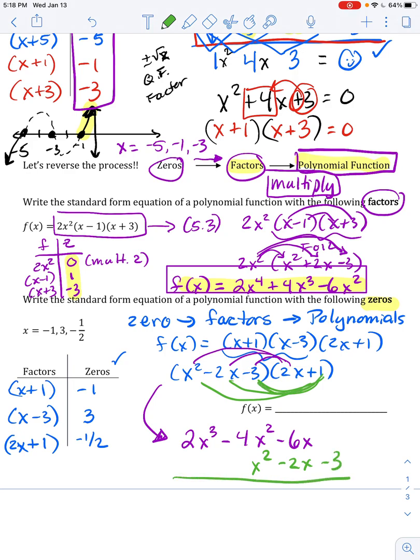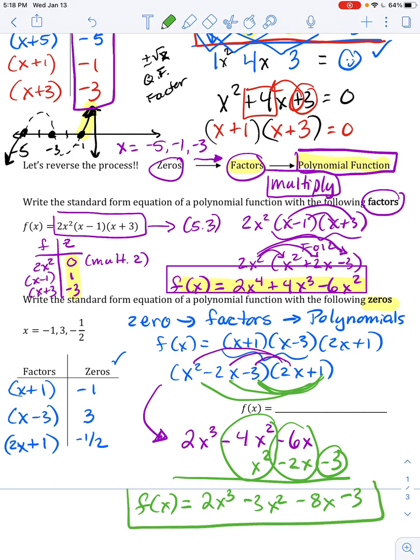Draw myself a big fat line, and then I'm going to have my polynomial in standard form because I'll have 2x cubed. From here I'll get minus 3x squared. From here I'll get negative 8x, and from here I'll get minus 3.